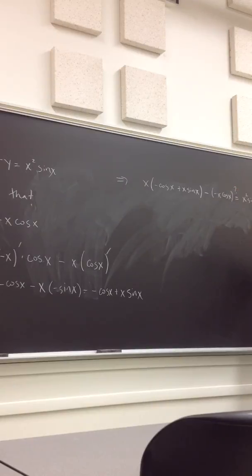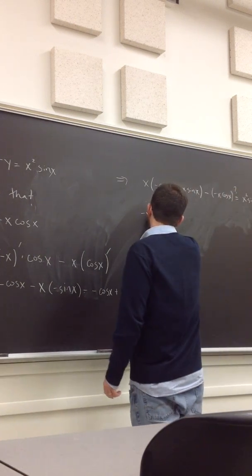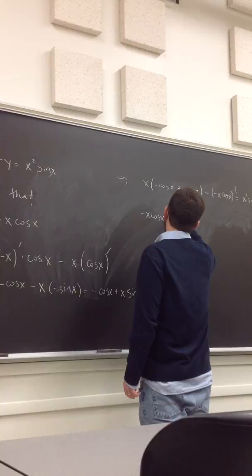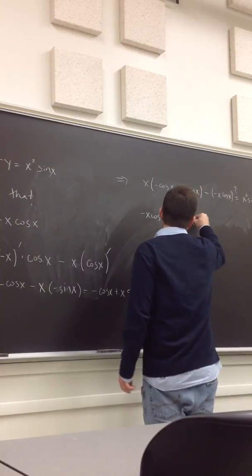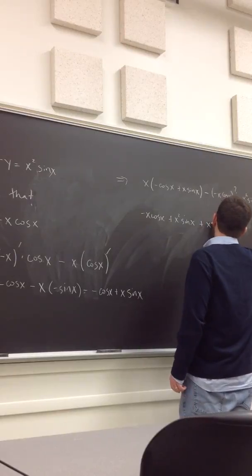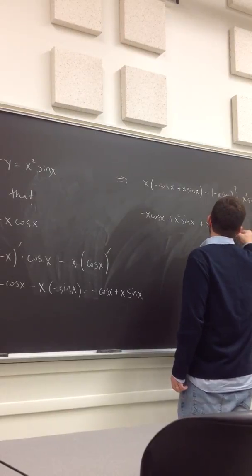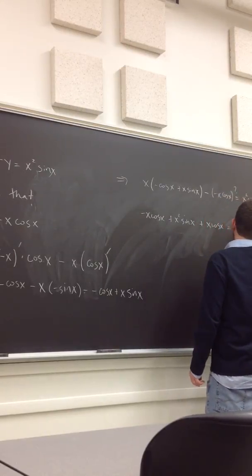I put a question mark because we're not sure that this is true as of right now. So this is minus x cosine x plus x squared sine x plus x cosine x. Is this equal to x squared sine x?